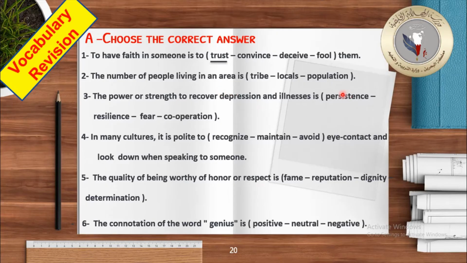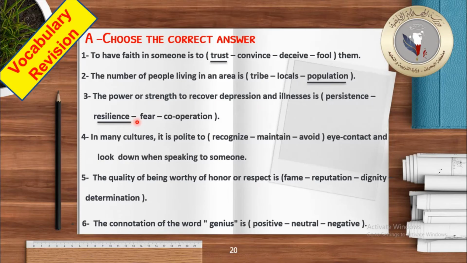Of course, population. Well done. Number three, the power or strength to recover from depression and illnesses is. Yes. What's your answer? Well done. Resilience, of course. Resilience, here the mental power inside us to recover and persist through illness. Well done.